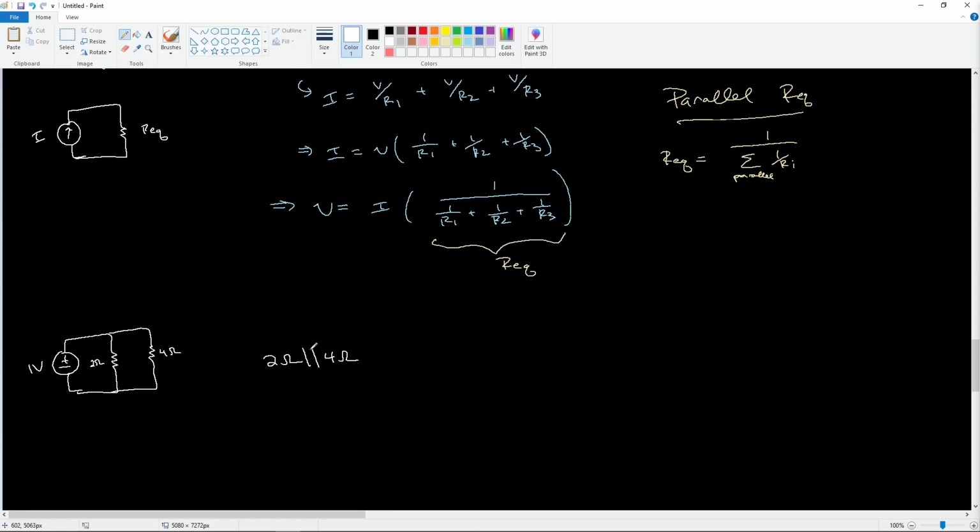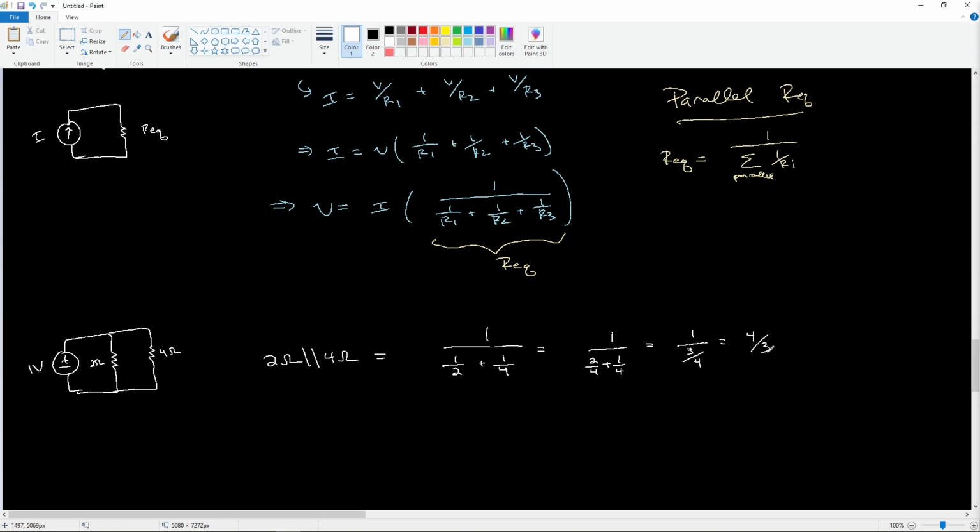Our equivalent resistance, if we use 1 over the sum of 1 over the resistances, would be 1 over 1/2 plus 1 over 1/4, which is 1 over 2/4 plus 1/4, which is 1 over 3/4, which is 4/3.